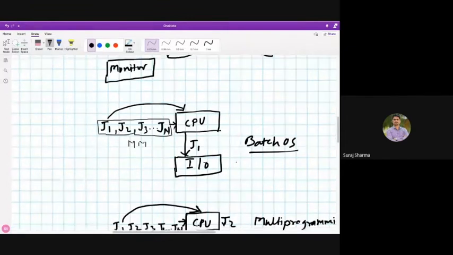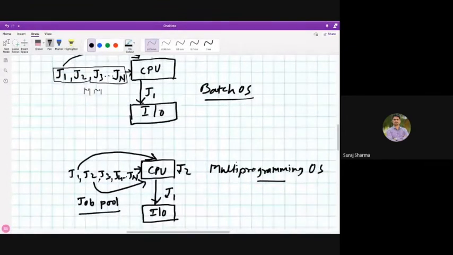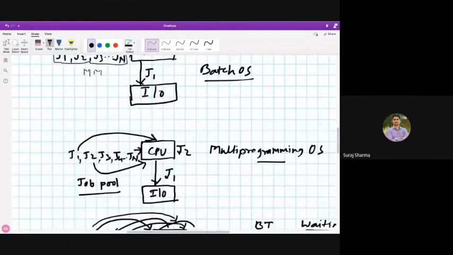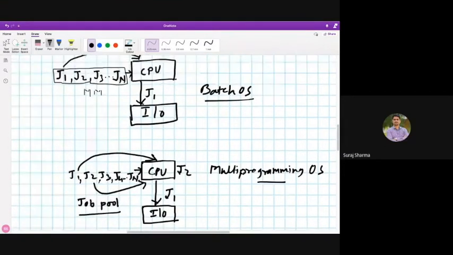Let's go to the second operating system, which is called the multi-programming operating system. The multi-programming operating system is an enhancement of the batch operating system. When a person has given the job, this job resides in the main memory.